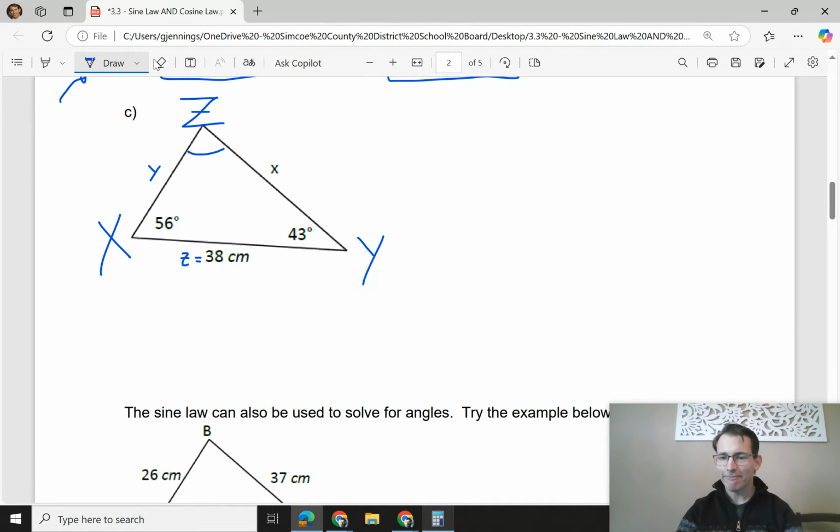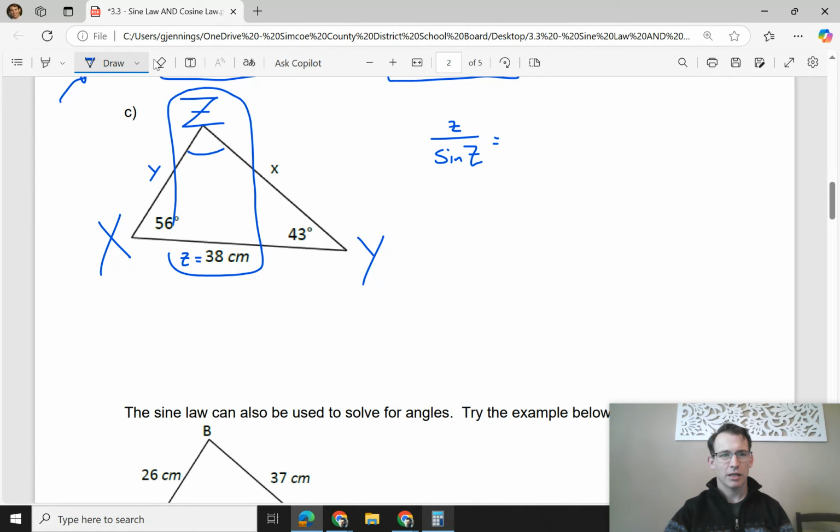I need to find x. So I set it up, you know, like z over sine z is equal to, because I would love to say we could do this, right? Because if only we had that. We do have that. Okay, we do know that angle z, all right?